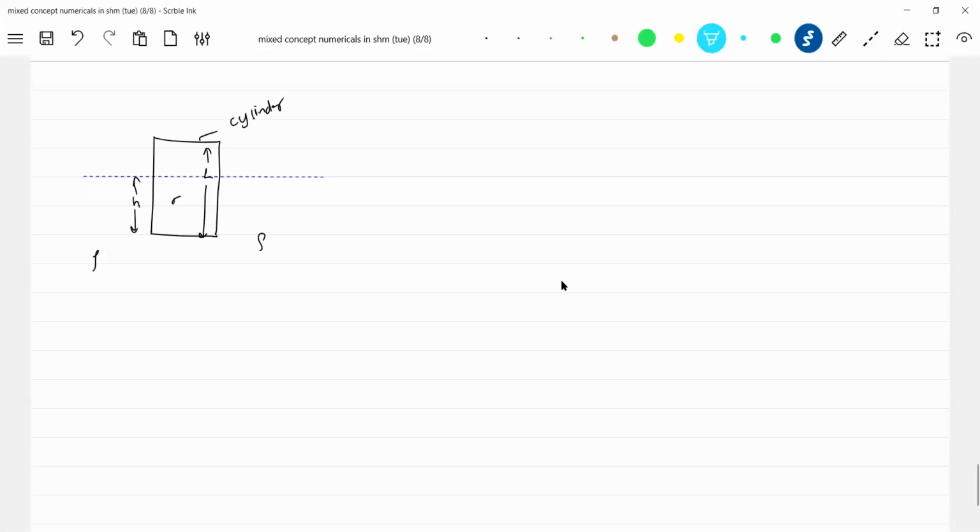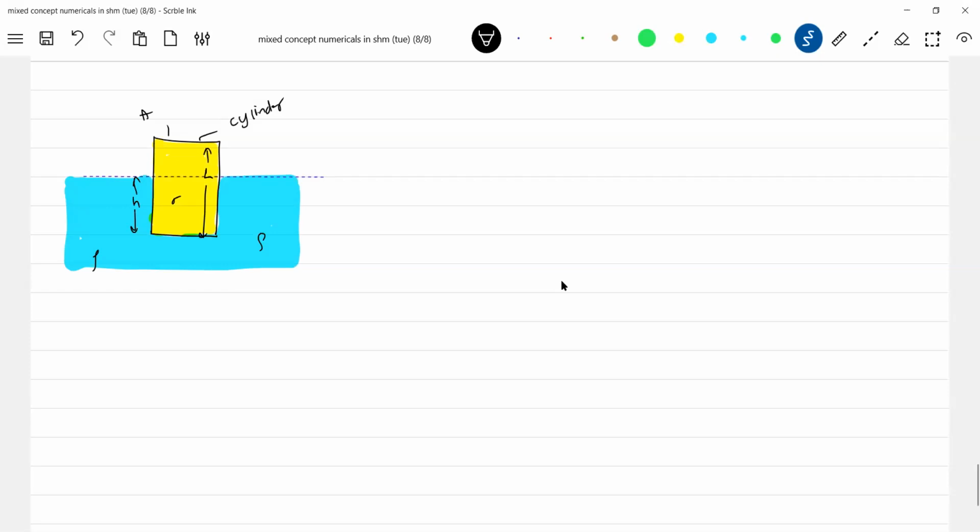Now what we are going to do is slightly displace it and release. Let A be the area of cross section of the cylinder.